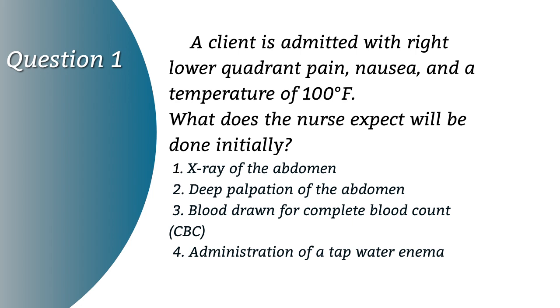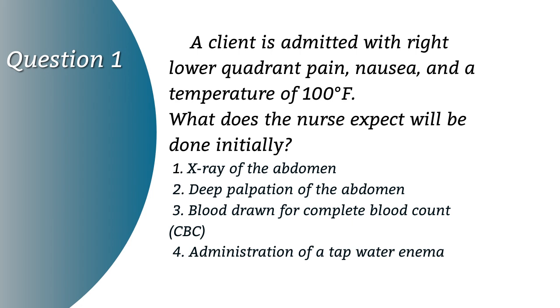We need to know whether we have enough information telling us the patient is having appendicitis. If you look at all the options, the only thing that involves assessment is number two, deep palpation of the abdomen. But according to the rules of physical examination, when it comes to the abdomen, you don't do abdominal palpation as the first thing.